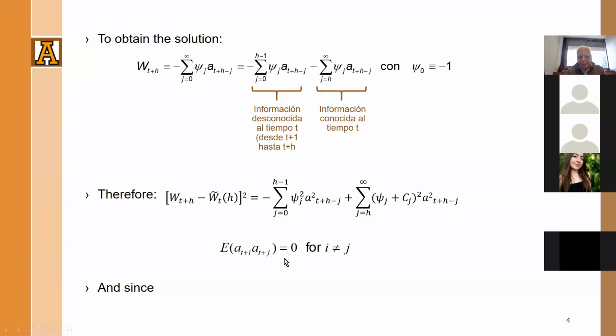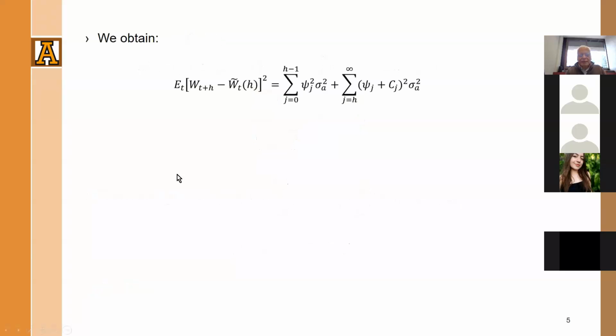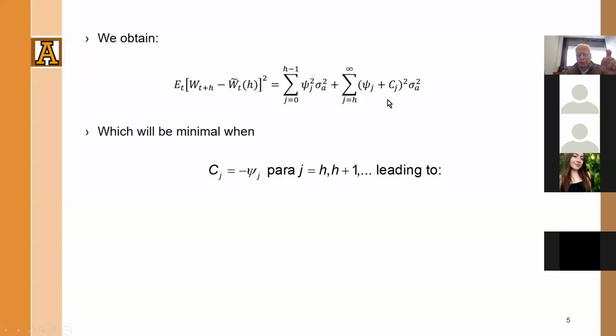Remembering this, we can obtain that the conditional expected value of the difference between the actual observation and its forecast squared is the sum of psi_j squared sigma_a squared plus the sum of (psi_j minus c_j) squared sigma_a squared, and that will be minimal when each of these constants c_j is equal to the corresponding psi_j.